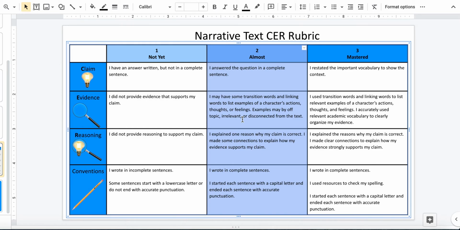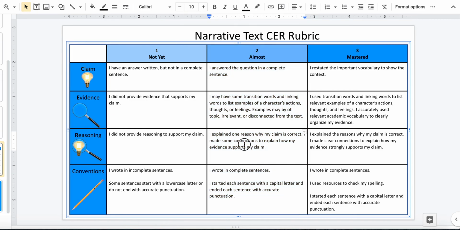Maybe they're not connected to the text. Maybe you have a reason, but you're not quite connected back to your claim yet. Maybe you have complete sentences, but your spelling isn't accurate yet. Maybe you have capital letters and punctuation, but you still need to work on using those resources for your spelling.